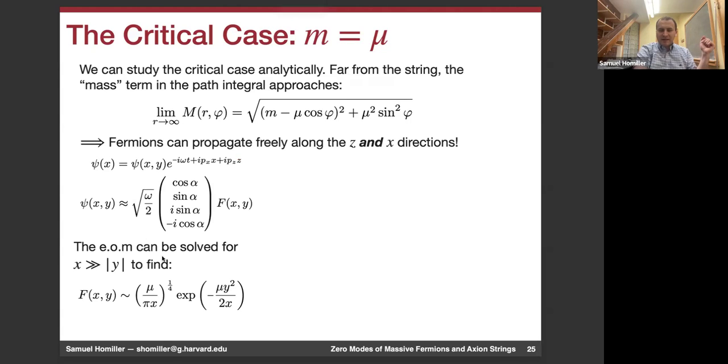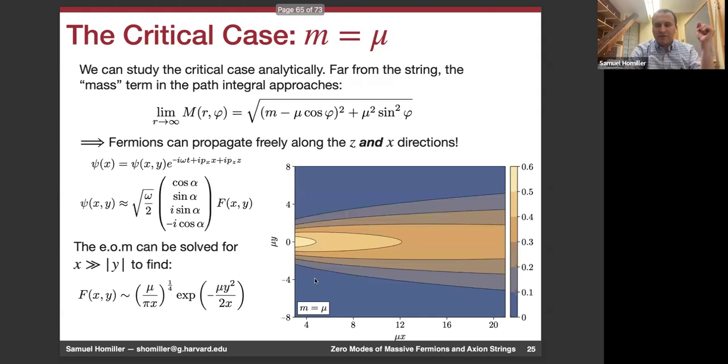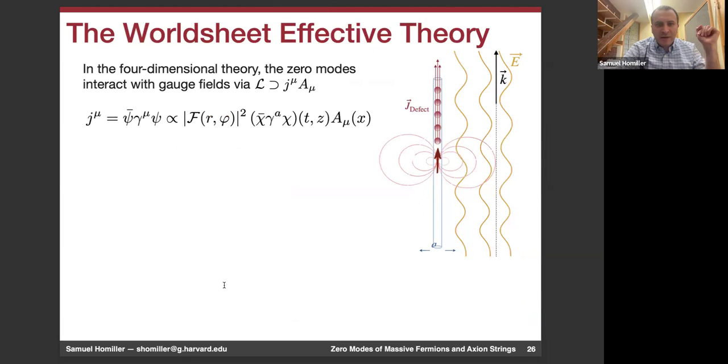And so I can search for, again, these zero modes explicitly and actually find these profiles that agree exactly with this kind of intuition that I really do have these zero mode profiles that can propagate, now not along the string, but along this whole plane extending from x equals 0 out to infinity. And so that's these zero modes delocalizing from the axion string.